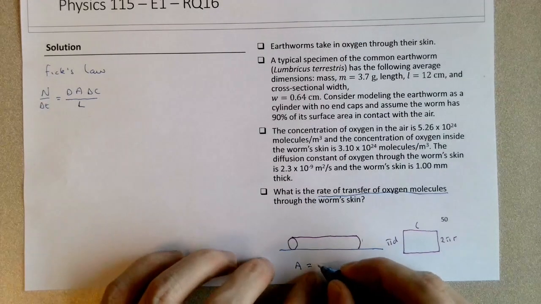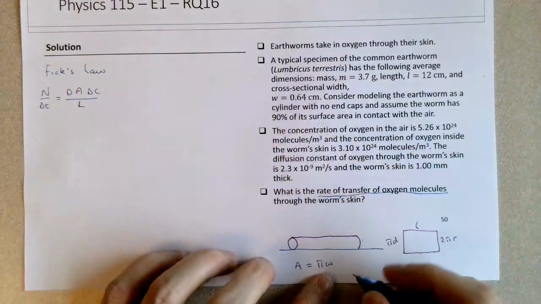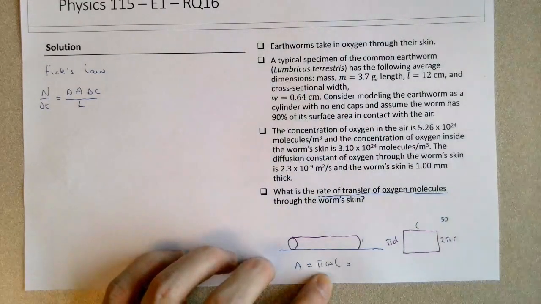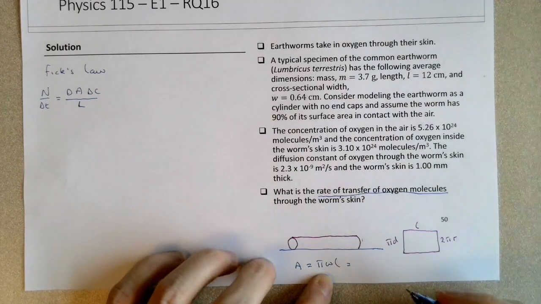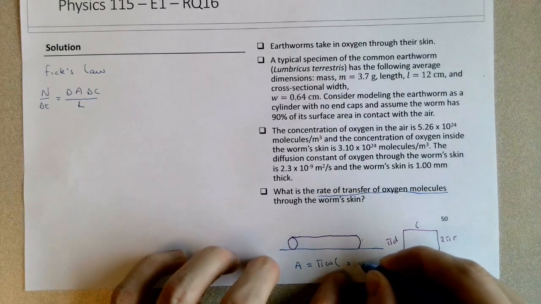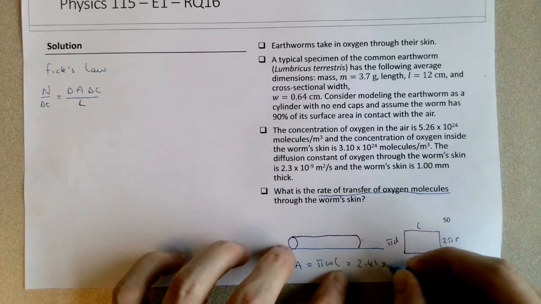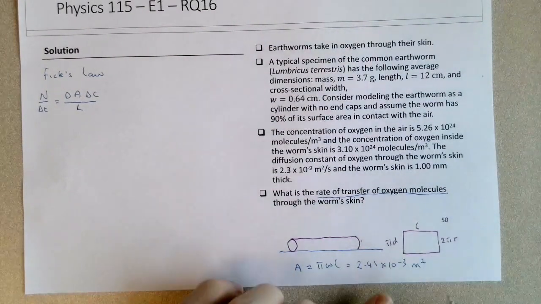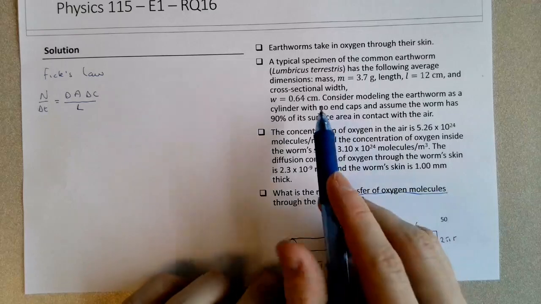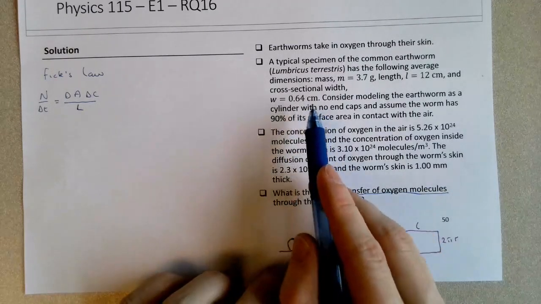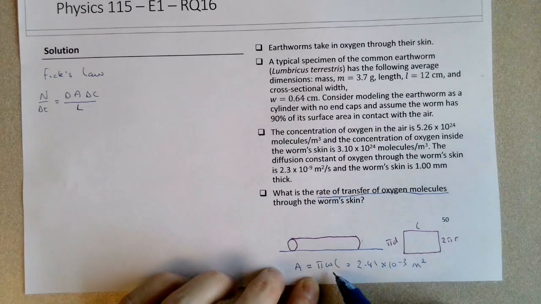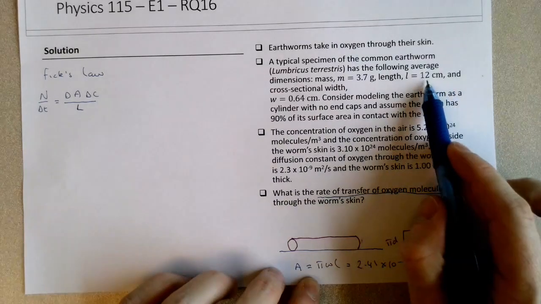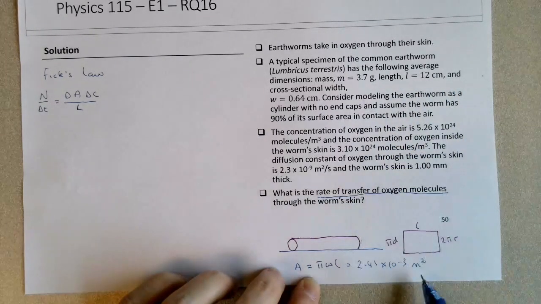If you do pi times the w up here times L, you should end up with an area of 2.41 by 10 to the minus 3 square meters. That's using pi, w, make sure you convert to meters, so 0.64 by 10 to the minus 2, or 0.0064, and L here is 0.12 meters. So everything should be in meters.